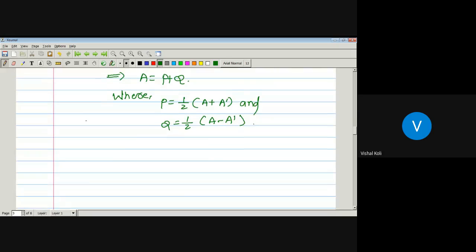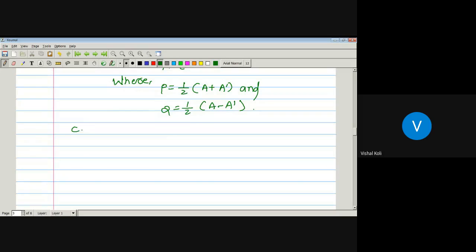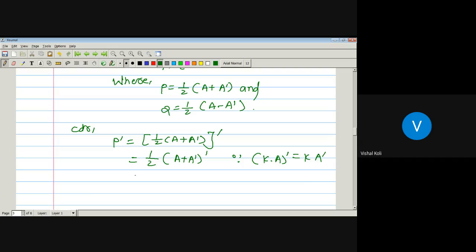First we will find the transpose of P. Consider the transpose of P, which is equal to the transpose of 1 by 2 (A plus A transpose), which is equal to 1 by 2, as 1 by 2 is a constant, times (A plus A transpose) transpose, by the property that the transpose of K times A is K times the transpose of A.